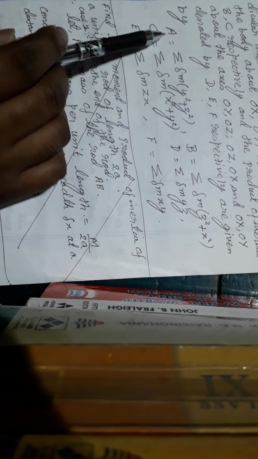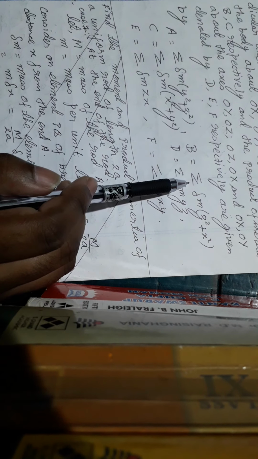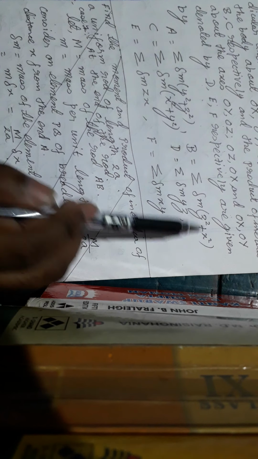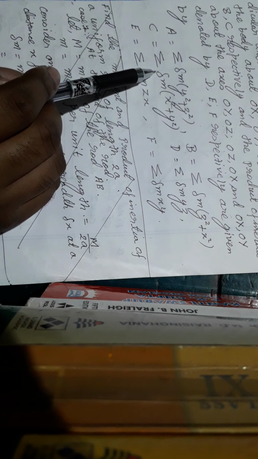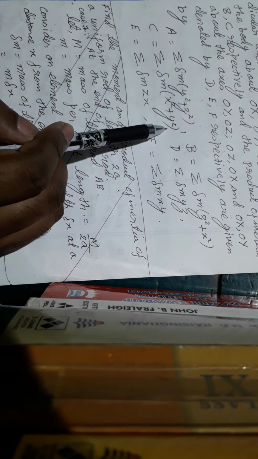So the moments of inertia and products of inertia are given below. A is the moment of inertia about the x-axis, given by summation delta m (y square plus z square). In the same way, B is the moment of inertia about the y-axis, given by summation delta m (z square plus x square). And C is the moment of inertia about the z-axis, equal to summation delta m (x square plus y square).